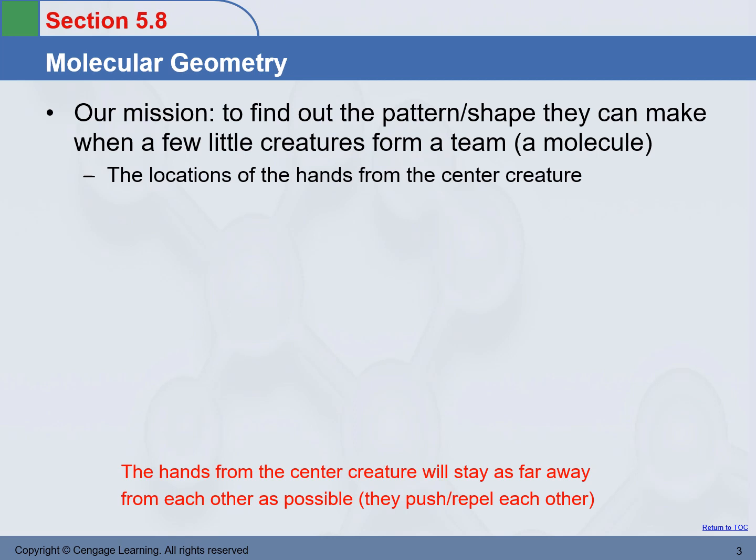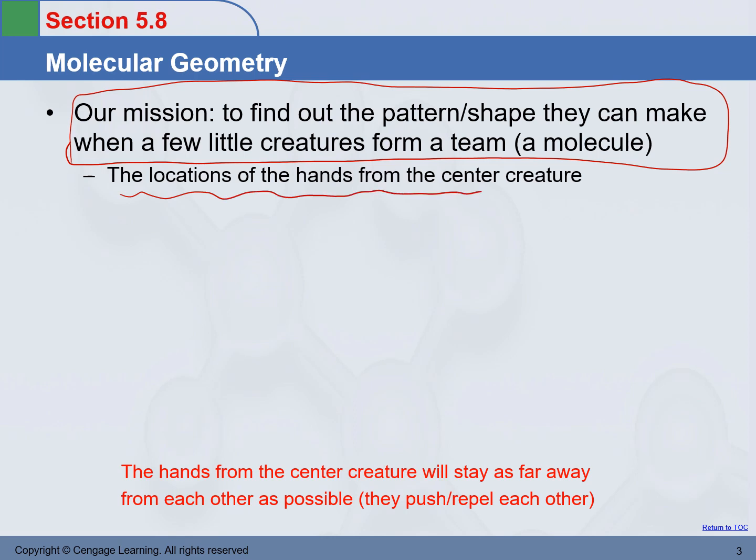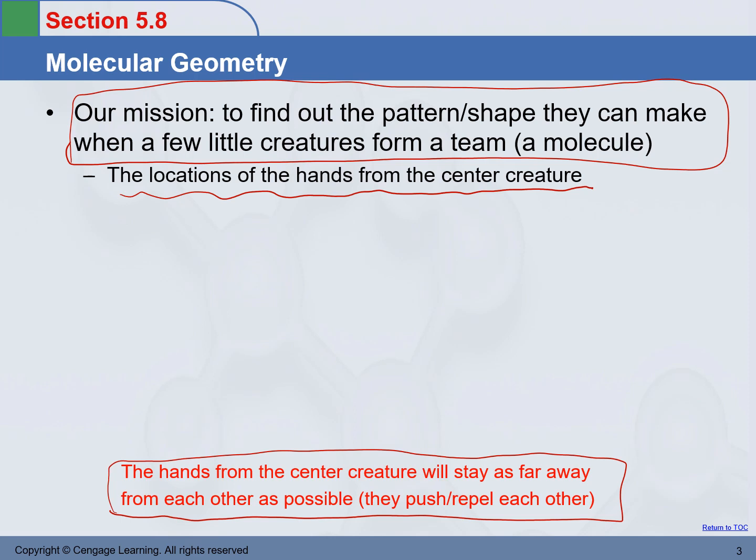That's our final goal. But right now, we need to find the locations of the hands from the center creature. And here is the reminder: the hands of the little creature will be as far away as possible from each other.